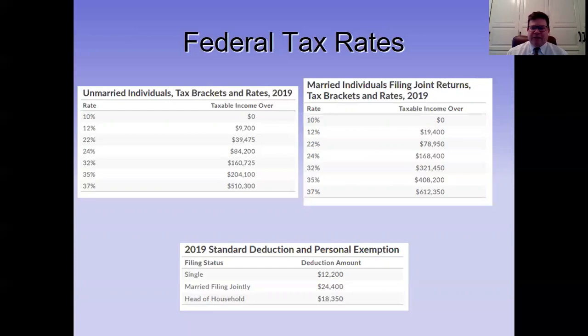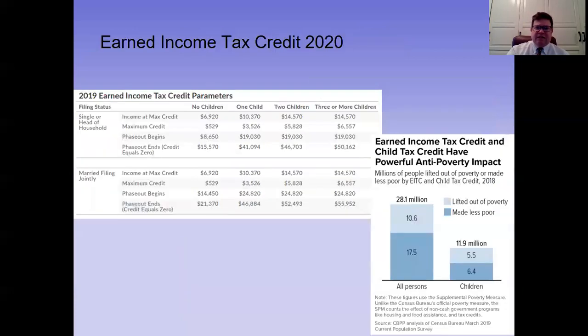If you're married filing jointly, you don't have to pay taxes on the first $24,400 of your income. And if you're the head of a household, perhaps a single parent, or taking care of an elderly person, whatever may be the case, the first $18,350 you don't have to pay any taxes on, right? So we take a look at our tax system.